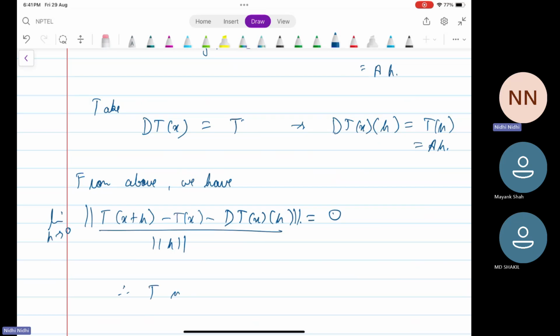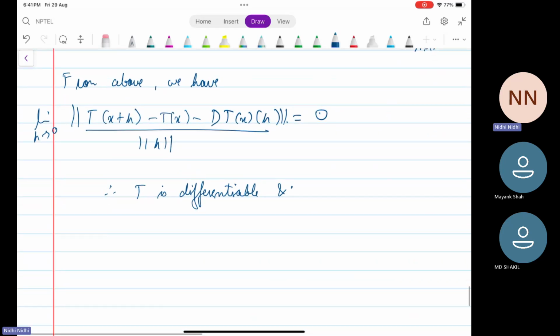Therefore, T is differentiable, and dT at any point x is equal to T for every x. You can see this in the case of one dimension.